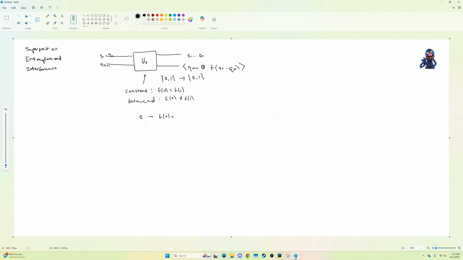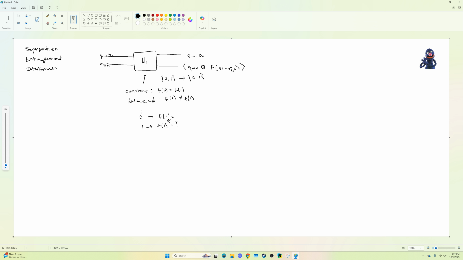But you don't know what f of 1 is. And there's no way to figure out what f of 1 is from f of 0, right? Because if the function's constant, then it's equal, but if the function's balanced, then it's specifically not equal, but you don't know if the function's constant or balanced at this point. So you have to query one more time, and once you query the second time, then you'll precisely figure out if they're equal to each other or not.